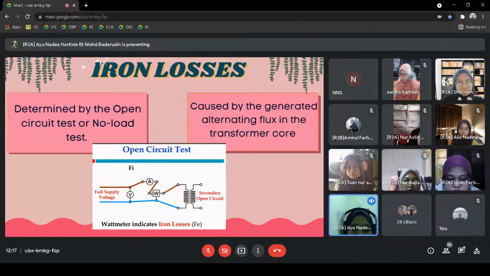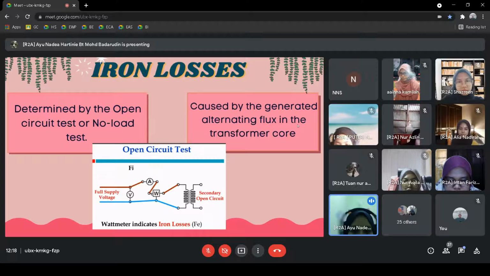It depends on the core construction and magnetic properties of the core, like lamination, thickness, lamination resistance and component density. These losses have two components, which are hysteresis and eddy current losses. To determine the iron losses, the open circuit test of the transformer is performed. Now we move to Aina Nadira to explain in more detail about hysteresis losses.